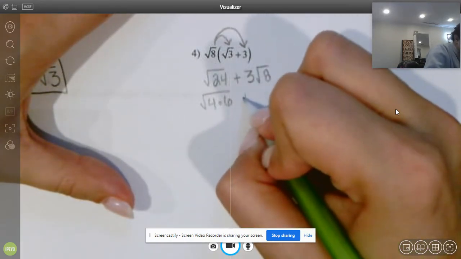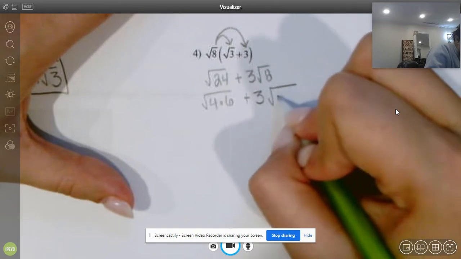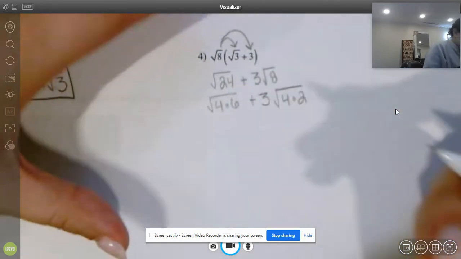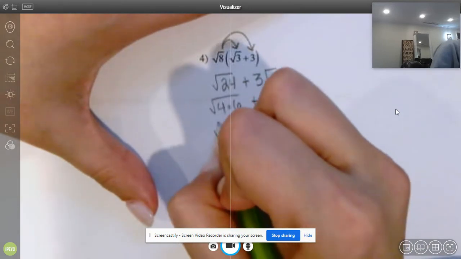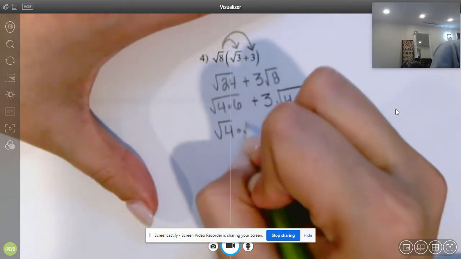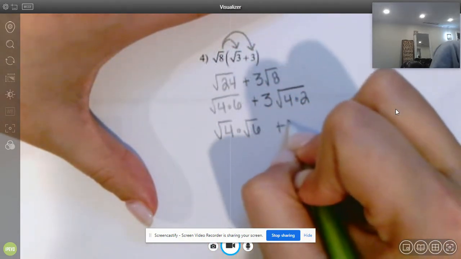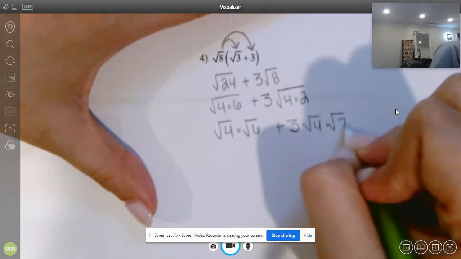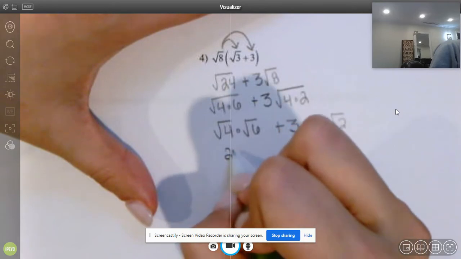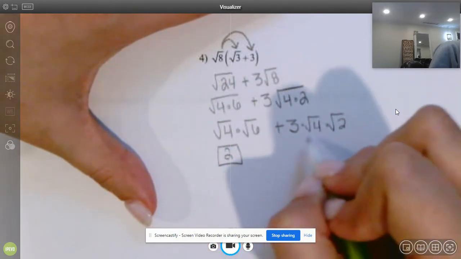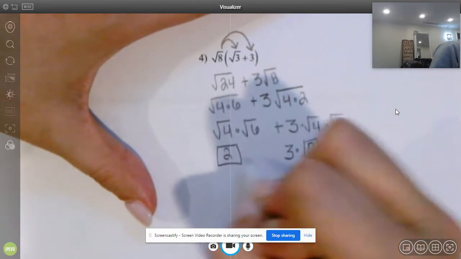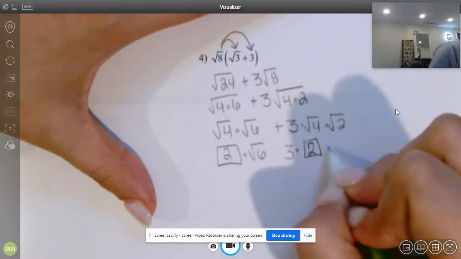So take a look at this. Plus 3 times 4 times 2. Okay? Now, look what happens here. This can become the square root of 4 times the square root of 6. Plus 3 times the square root of 4 times the square root of 2. The square root of 4 becomes 2. This square root of 4 becomes 2. The 3 stays out in front. The root 6 stays the same.